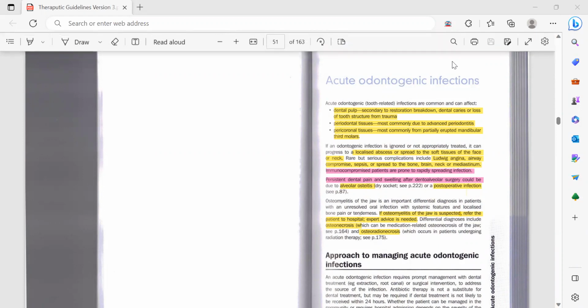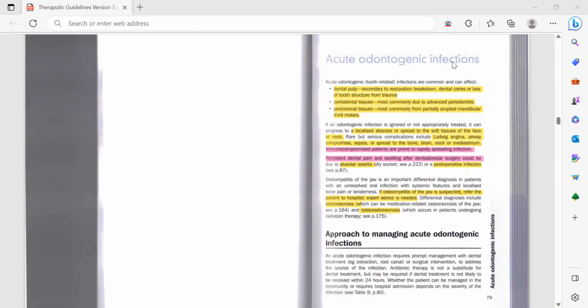And we have covered so many important topics so far, like caries, the periodontal topic, and even the antibiotic topic. The history taking is also very important.